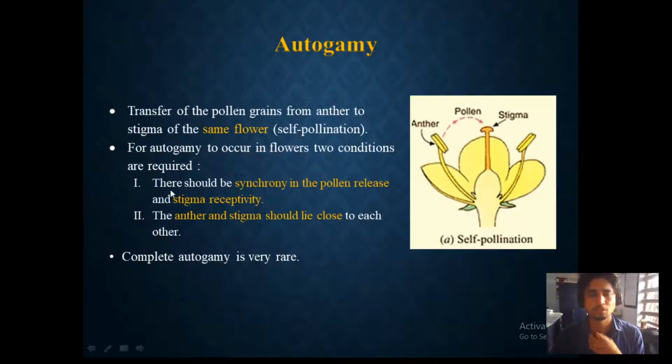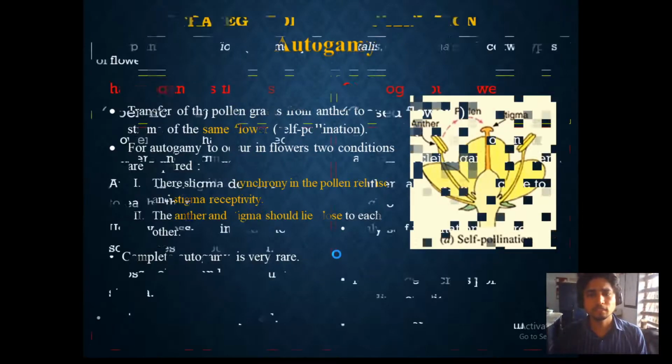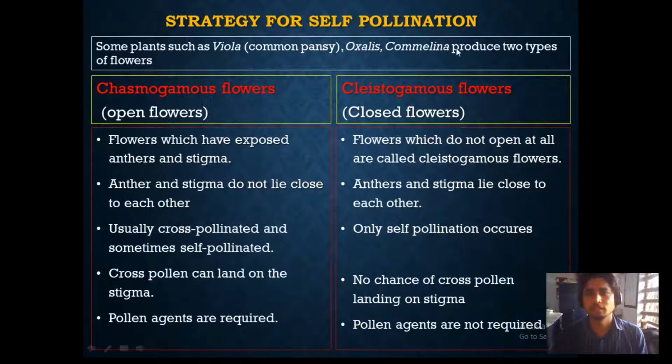Okay, so these are the two requirements for autogamy to occur, and this autogamy is not seen in all the plants. Very important to remember this. Some of the plants are making flowers which only undergo autogamy.